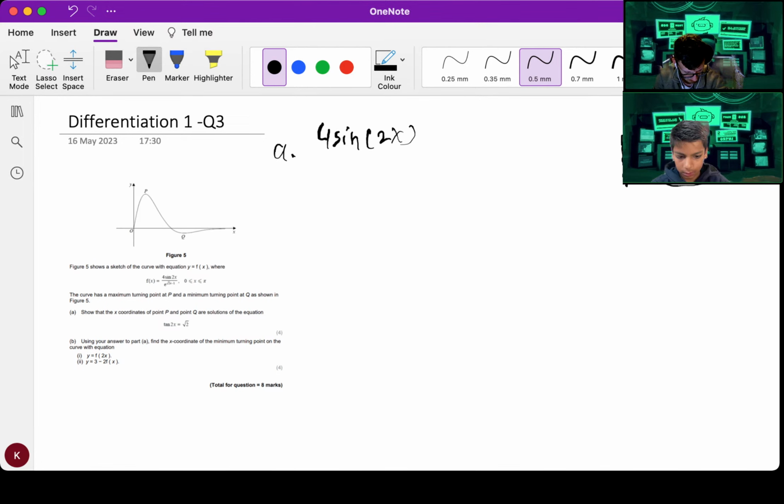Then we have to find the derivative of 4 sine 2x divided by e to the power of root 2 times x plus 1.